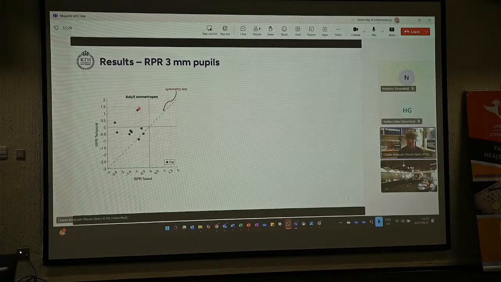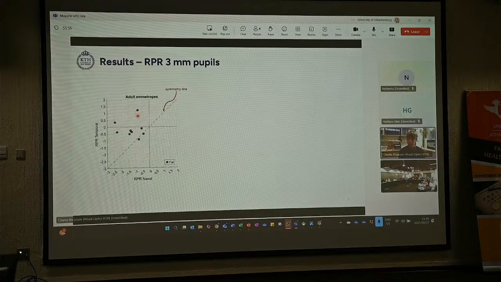Each dot here is a subject, and we can see that all subjects have negative nasal RPR, whereas the temporal RPR is more spread out from 0. This also means that we have an asymmetry. Most subjects are on one side of the symmetry line, so there's an asymmetry in the RPR profile.